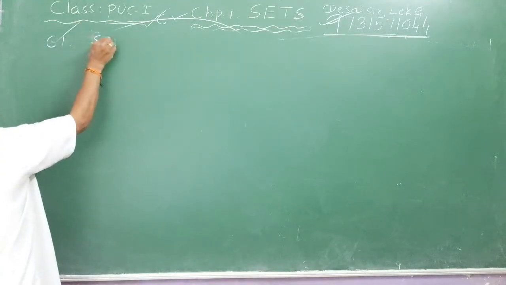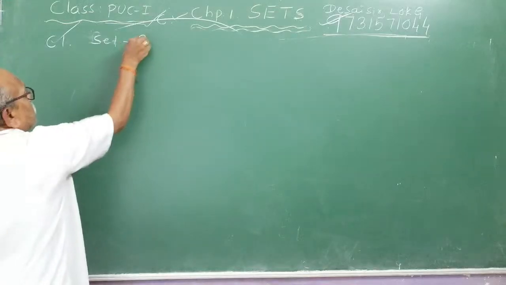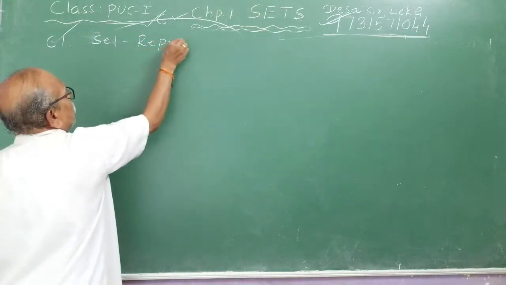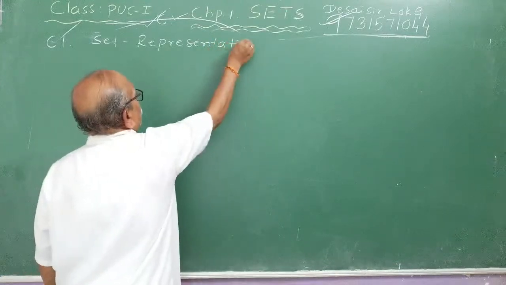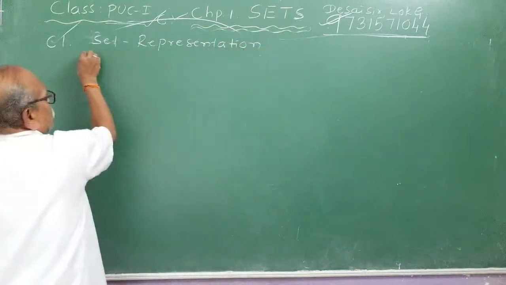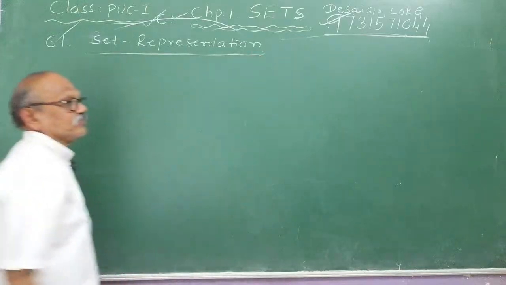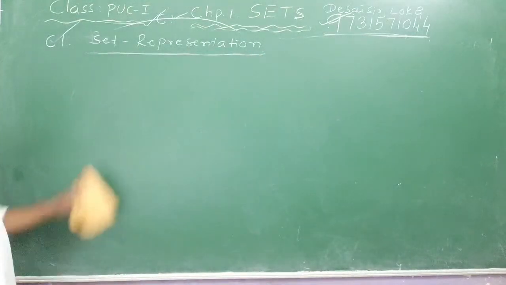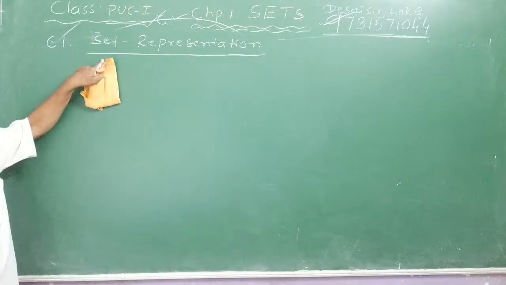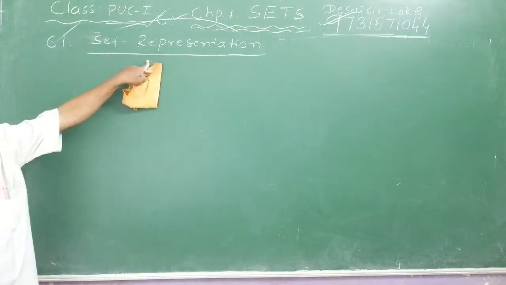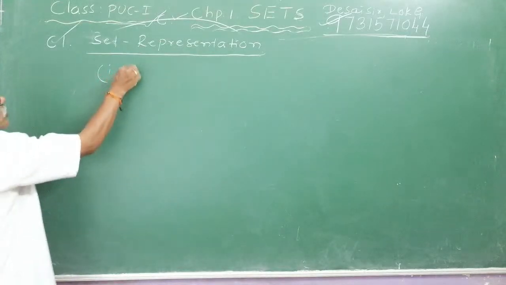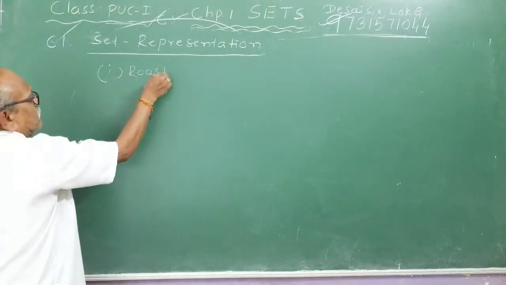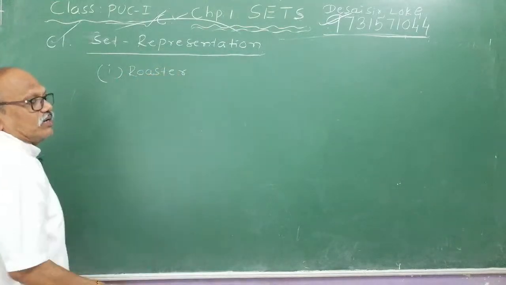Just to refresh, a set is a collection of well-defined objects. And there are 3 methods of representation. The first method is called the roster method. Remember, what is the roster method? Recall.